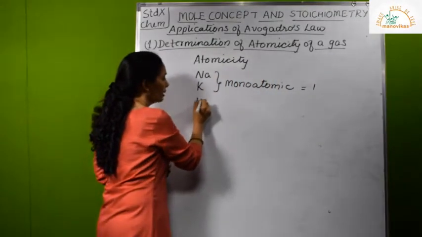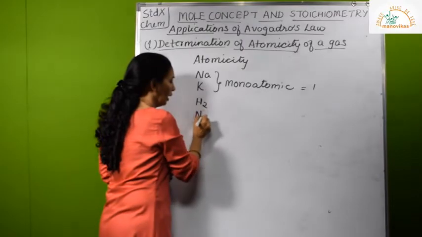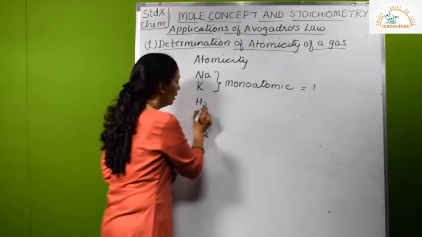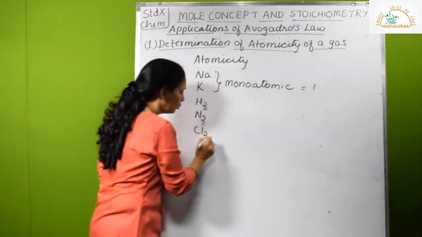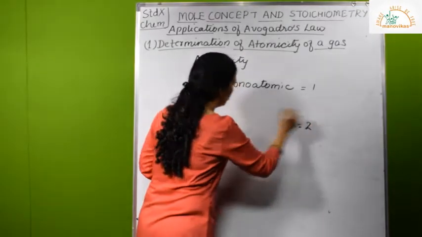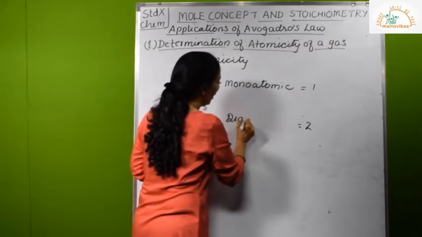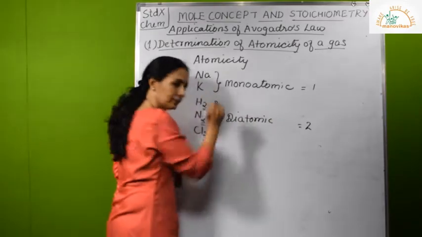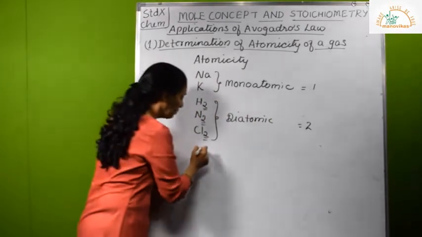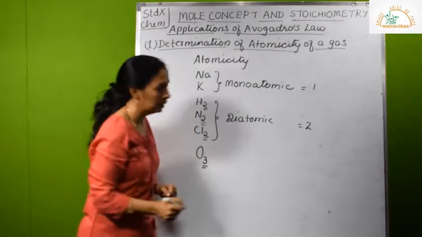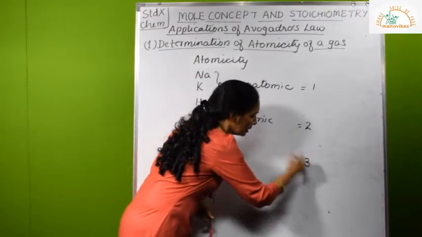Now, if we are writing H2, N2, Cl2, O2 and so on, here you will find that there are 2 atoms per molecule. So their atomicity is 2. They are called diatomic. If I am writing O3, ozone, so there is 3 over here. So its atomicity is 3.